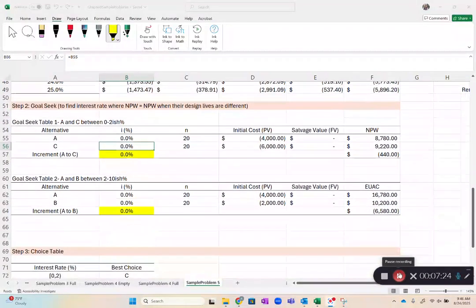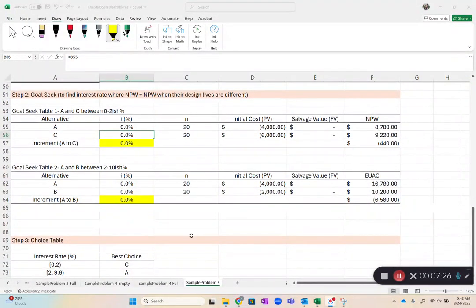We set up this goal seek table. You'll notice I have this set up in two parts. So one I call goal seek table 1, and that's going to be between alternatives A and C, and it's going to be around, we saw that that intersection would be around 2% or 2.5%. So I just said A and C are going to be between 0 and 2.